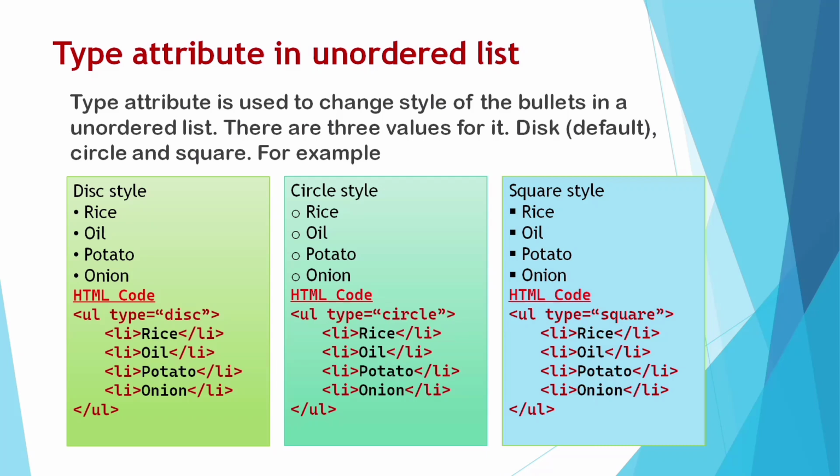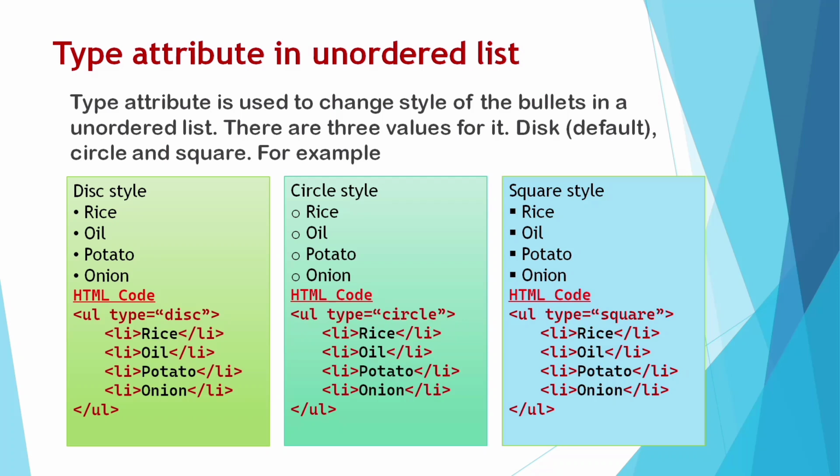It will help you in future. After that, within li we write the item names. After writing all the items, we close the ul. Similarly, if we want to make a list with circle, we write ul type circle, and for square, ul type square.